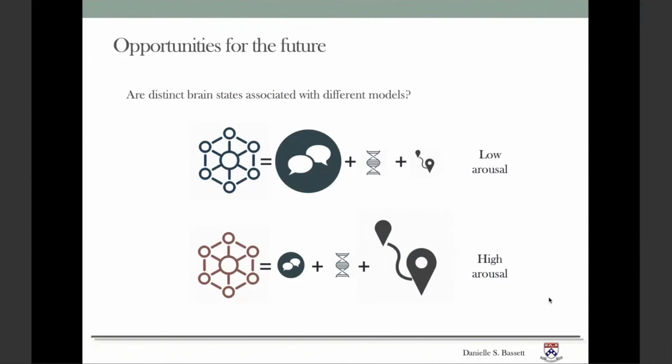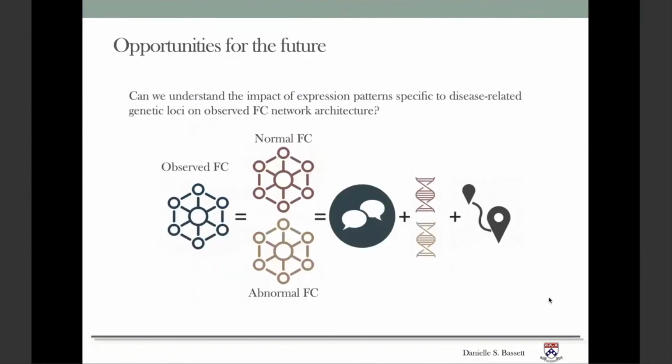consolidate that evidence. Another opportunity using this same kind of modeling approach is to ask whether we can understand the impact of expression patterns that are specific to disease-related genetic loci on observed functional connectivity patterns.